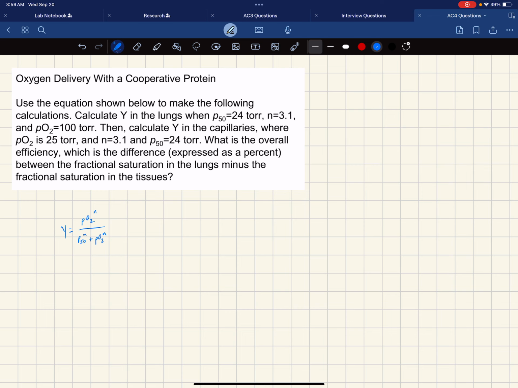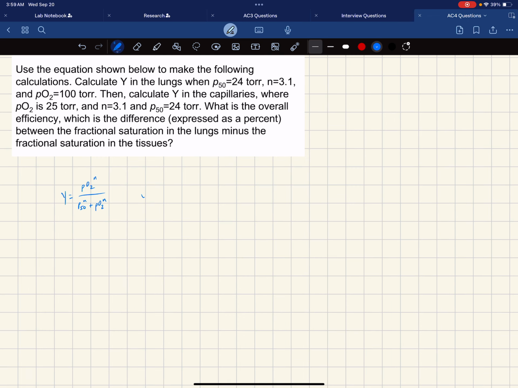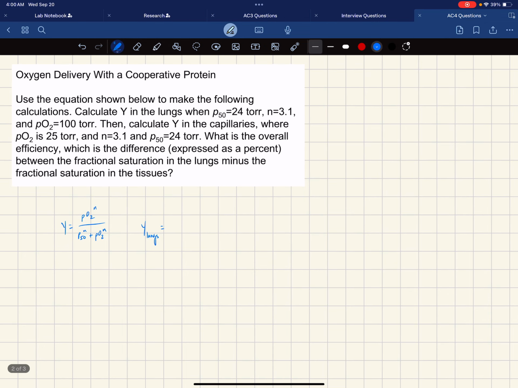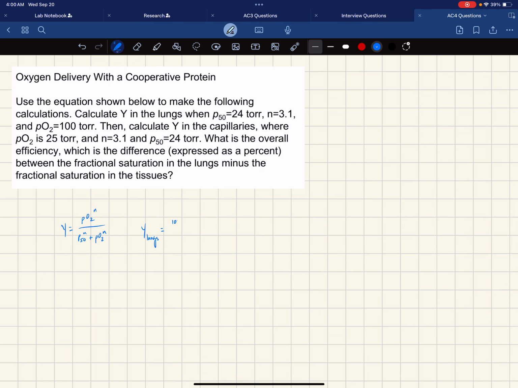So to calculate Y in the lungs, he's given us that PO2, the partial pressure of oxygen, is 100, and the cooperativity of our protein is 3.1, over P50 is 24 to the 3.1 plus 100 to the 3.1.